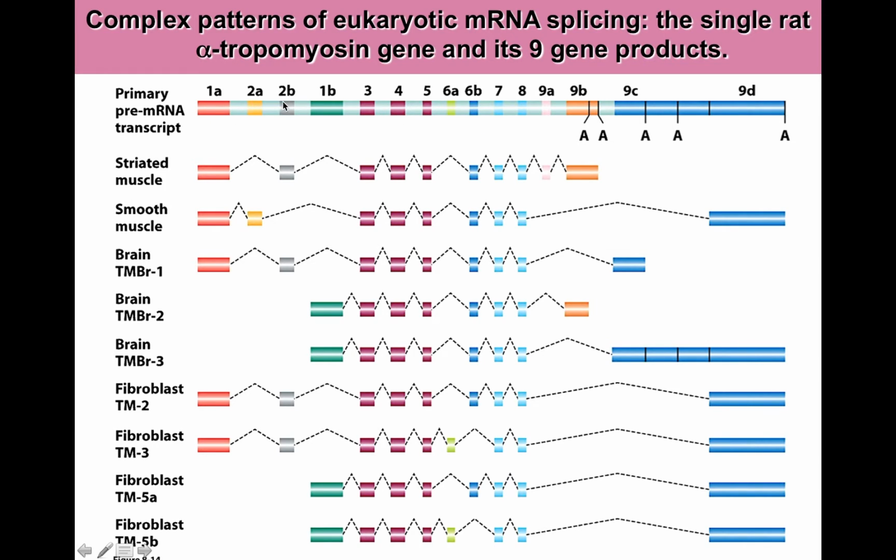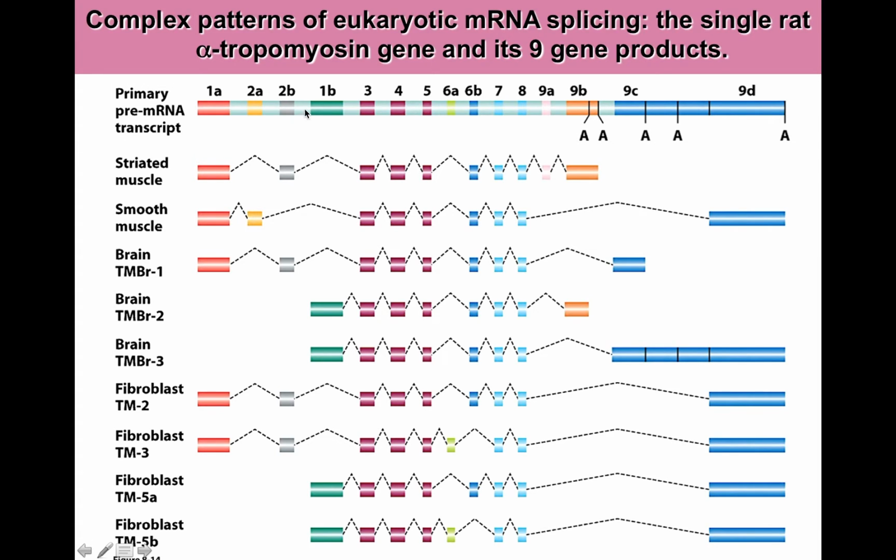several different exons, 1A, 2A, 2B, 1B, 3, 4, 5, 6A, 6B, 7, etc., all the way down to 9D, and many intervening sequences. The intervening sequences here are in light green, and the exons, the parts of the gene that encode amino acids, are the other colored parts.